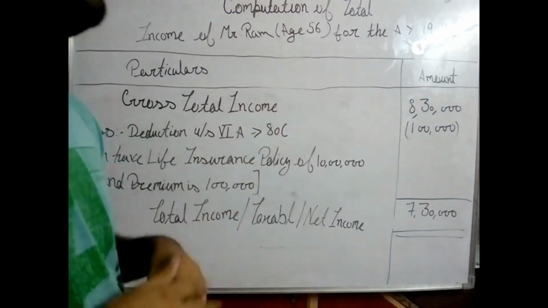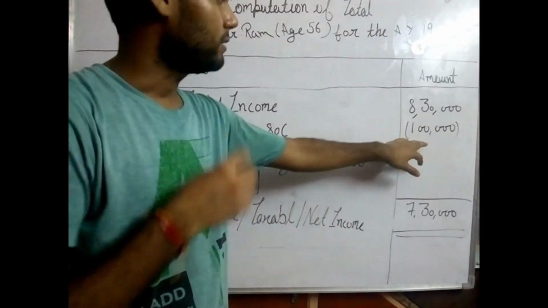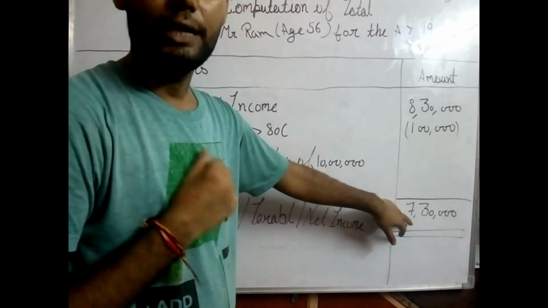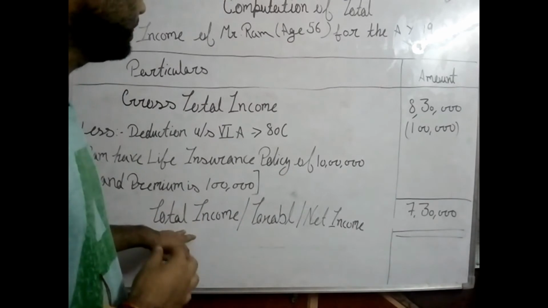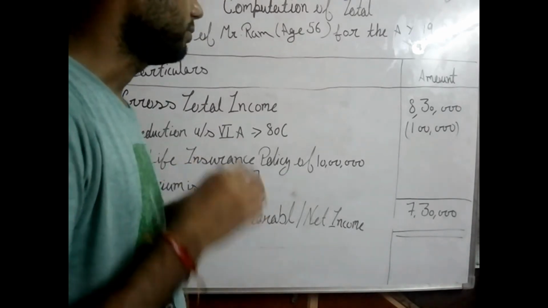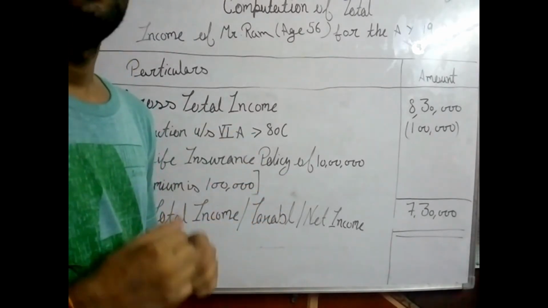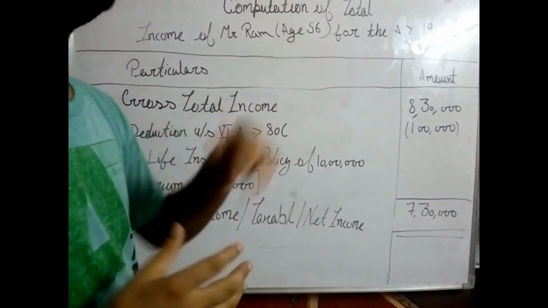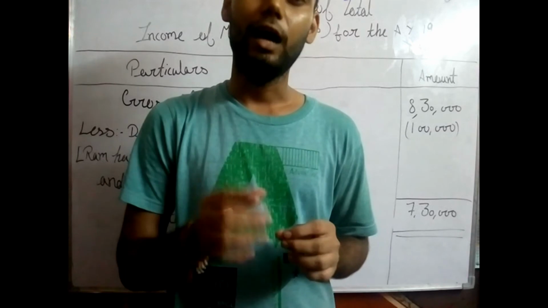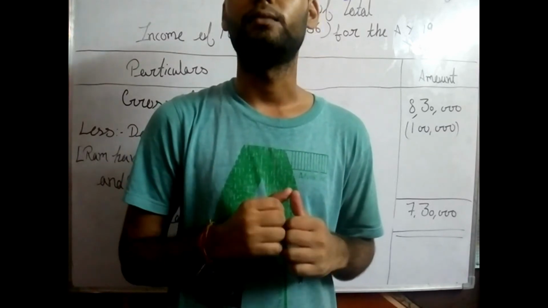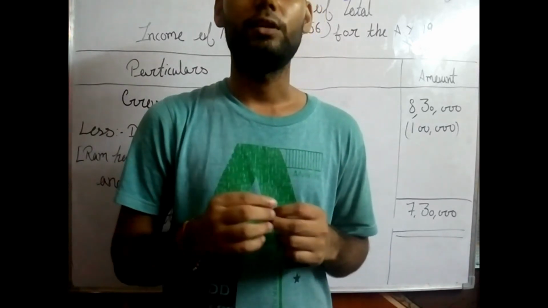Now we subtract 1 lakh as a deduction. Now the balance is 7,30,000, and the balance is our total income, or you can say taxable income, or you can say net income for the assessment year 1920. Now we have a basic idea of how to compute total income, or you can say taxable income.